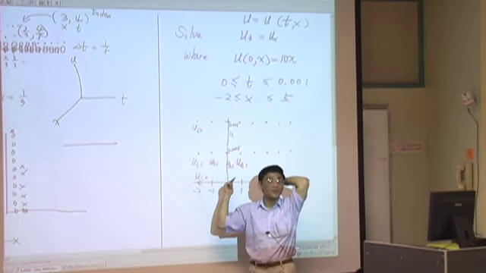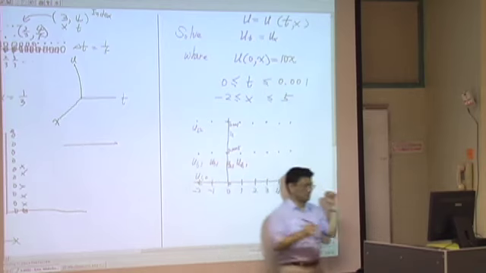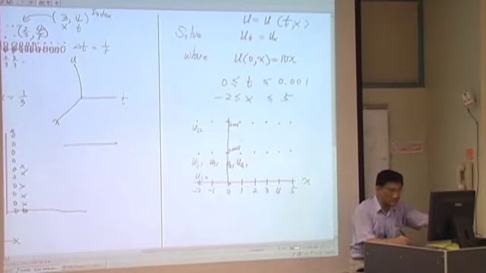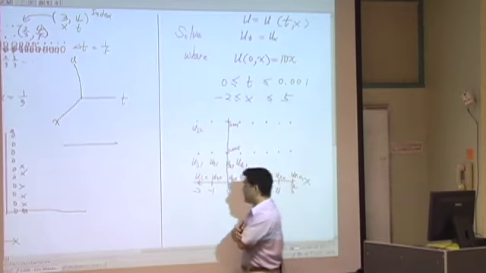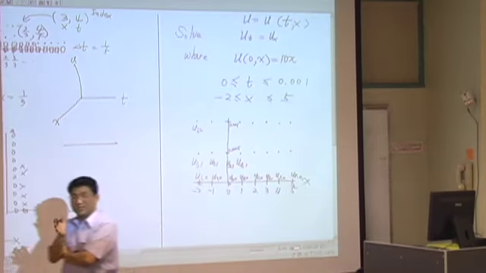What I meant was unknown, and these are known. But for convenience, even if these are known, I will write it this way: U20, U30, U40, U50, U60, U70, U80. Do you follow me? I'm just showing you the design step.